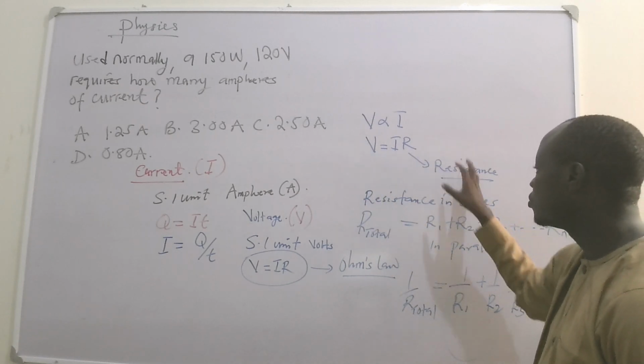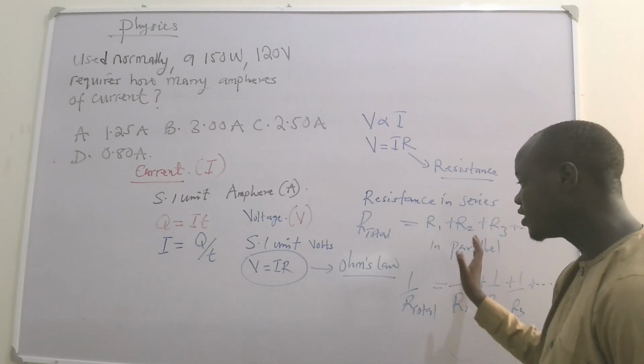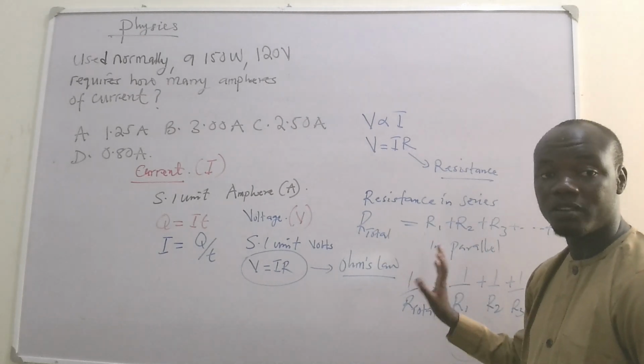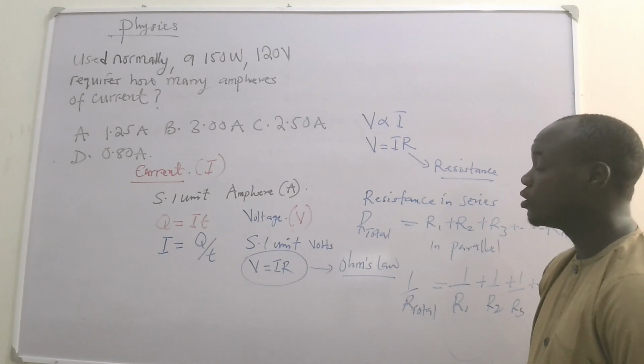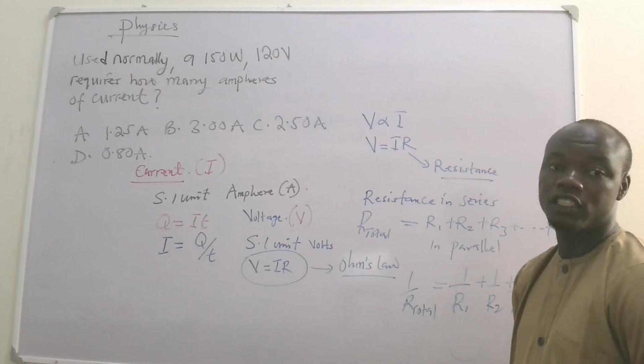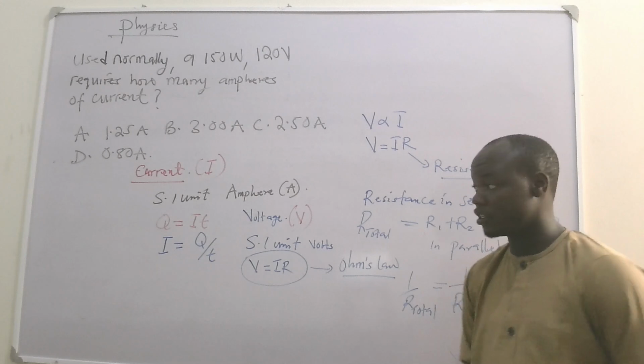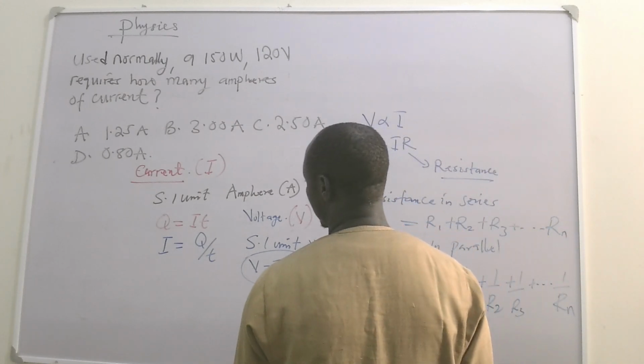The R is the resistance, which is constant, and resistances can be arranged in series and also in parallel. At the same time, we have energy, the energy of electricity.